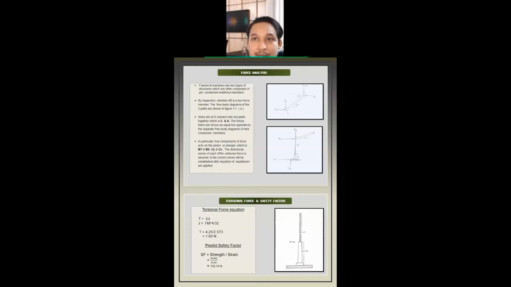Since the pin at B connects only two parts together, which are C and A, the forces there are shown as equal but opposite on the separate free body diagrams of their connected members. In particular, there are four components of force on the piston or plunger, which are By, Bx, Cy, and Cx. The directional sense of each unknown force is assumed, and the correct sense will be established after the equations of equilibrium are applied.